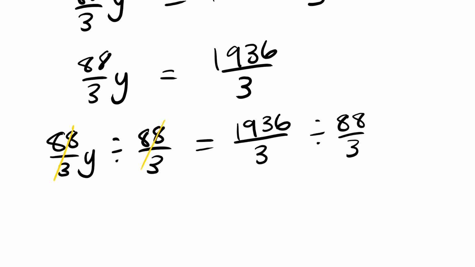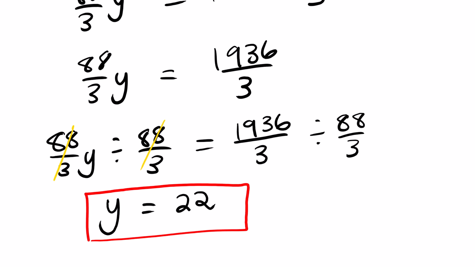This will result into 1 multiplied by y, equals, we simply punch this on the calculator, 1936 over 3 divided by 88 over 3. Our answer is 22. This is our first solution.